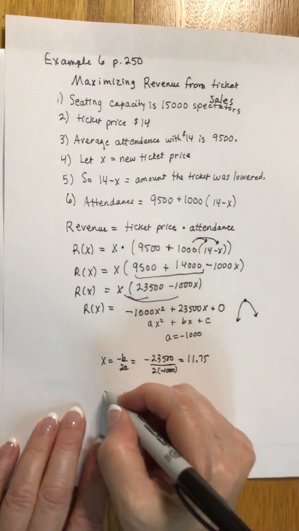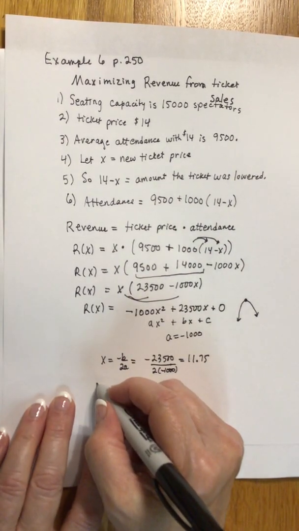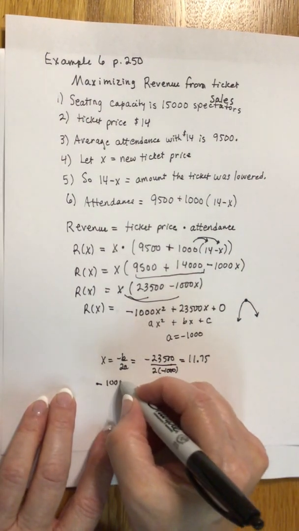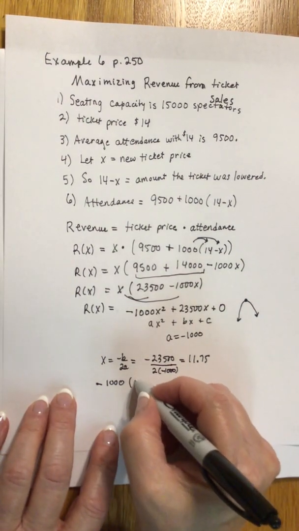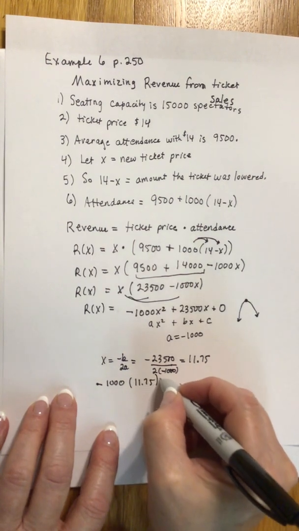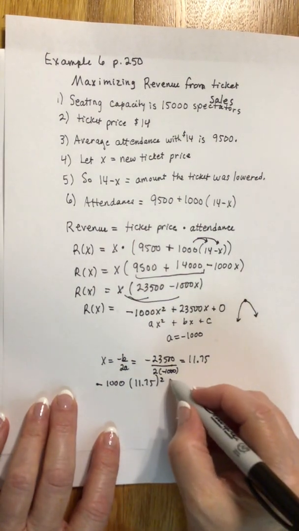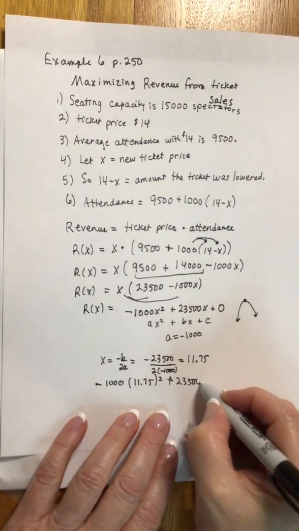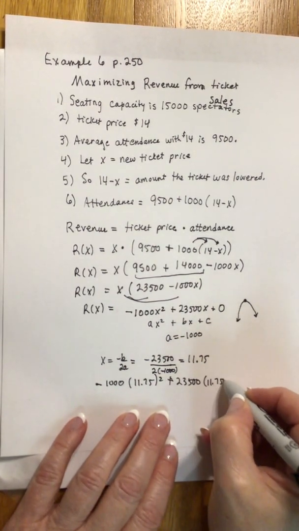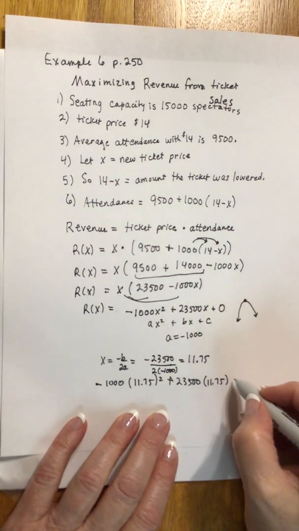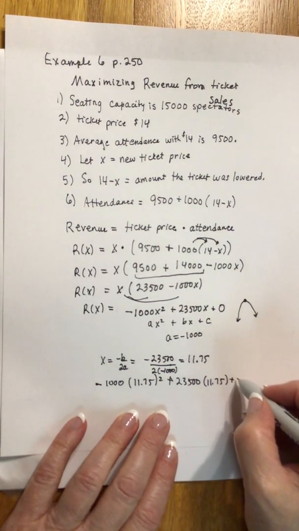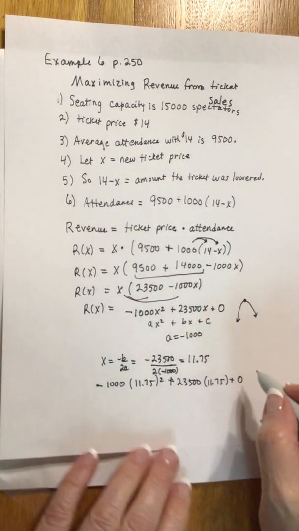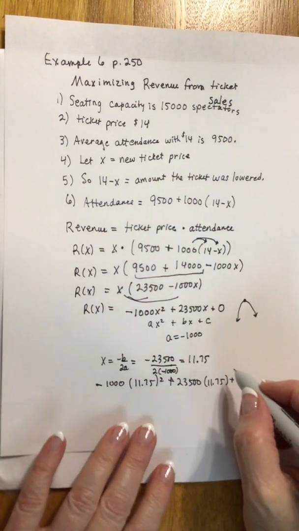So I get negative 1,000 times 11.75 squared plus 23,500 times 11.75, and then plus C, but C is 0. So if I simplify all that out, then I end up with what?